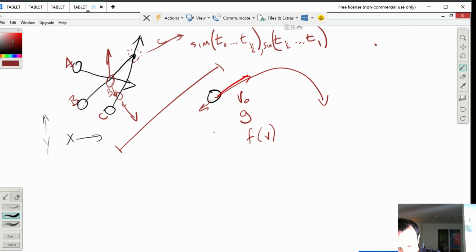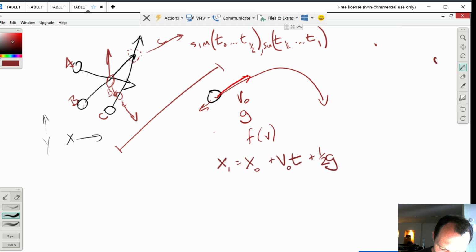You usually do something like x sub 1 is x naught plus v naught t plus 1/2 g t squared, right?